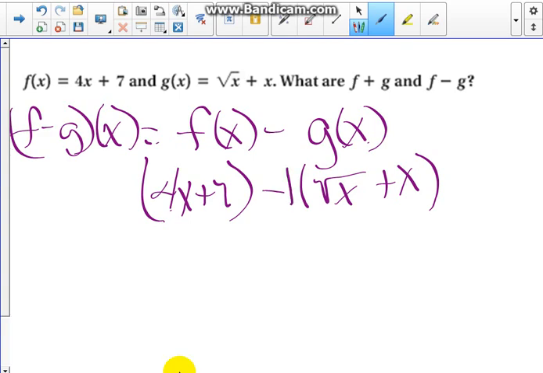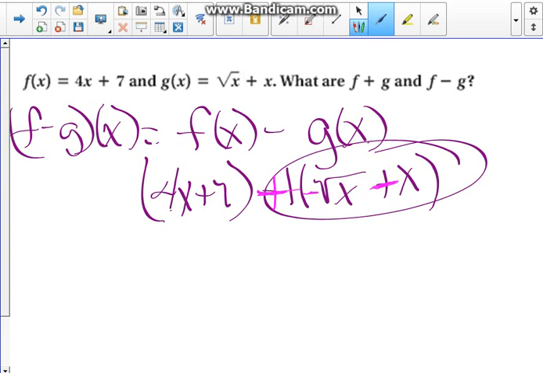Now, I've always taught when adding, subtracting polynomials and such, I've always taught my students to distribute this across to our polynomial here on the right. And so what we are literally doing is flipping the signs on the inside and changing our sign to add.